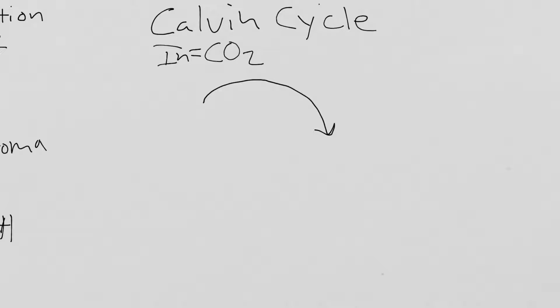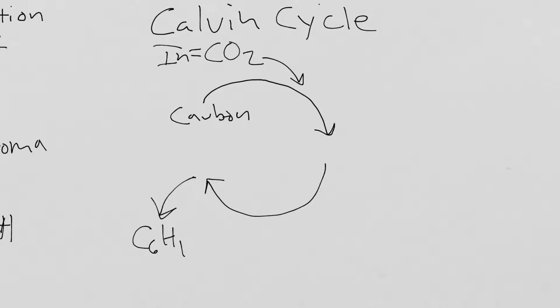Now, there's some leftover starting stuff over here that has another carbon molecule that comes in, but it doesn't have enough carbons on it to be glucose. And so what happens is that your CO2 comes in here, your ATP uses its energy, your NADPH uses its electrons, and by the end of this cycle, what you end up getting out of it is C6H12O6.